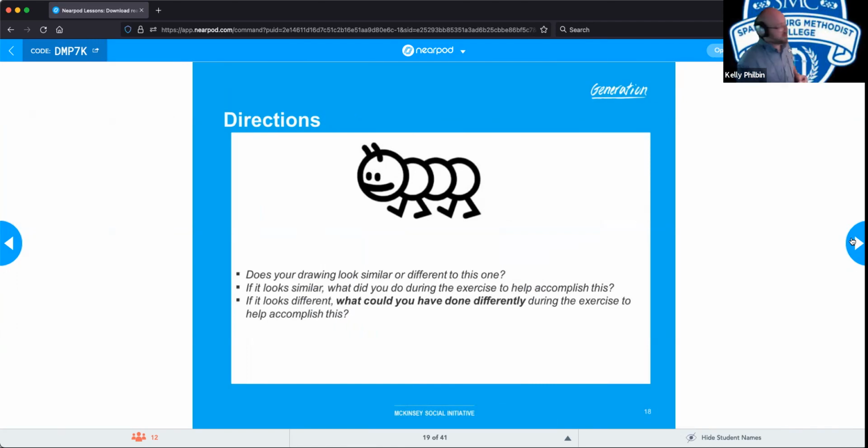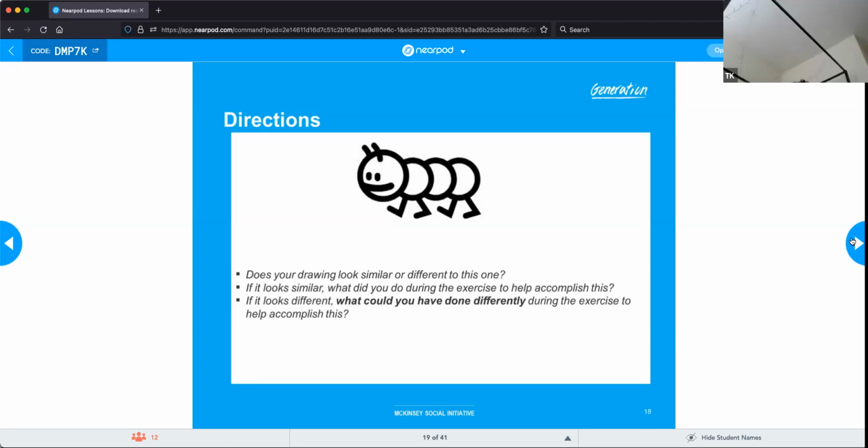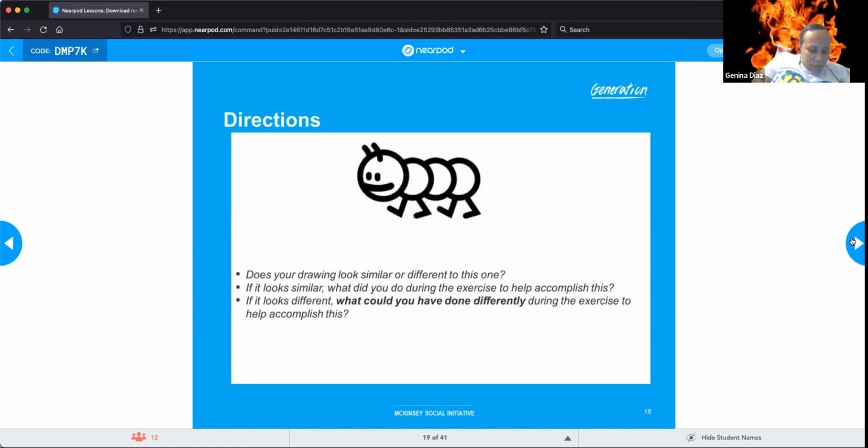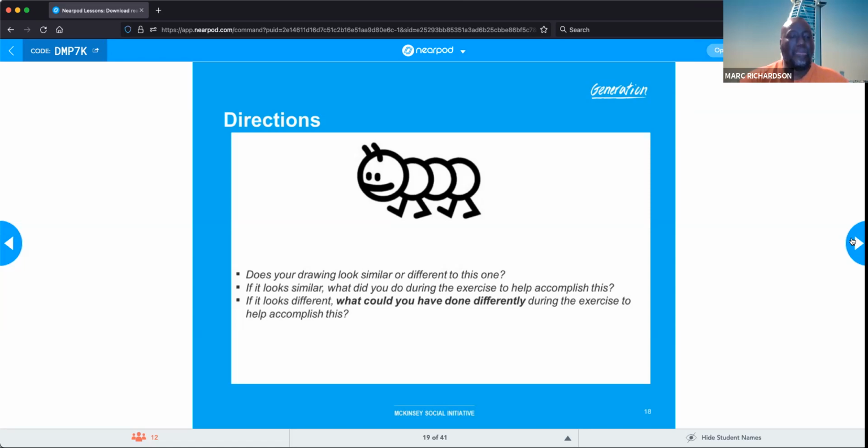If yours looks different than this, what could have been done differently to help accomplish this particular look? The picture. That's true. Having a solid visual of where you're going. So you have the where you're going and then the steps along the way. Getting all the precise information. Oh, sorry. Go ahead. Oh, sorry. Asking more precise questions. More precise questions.